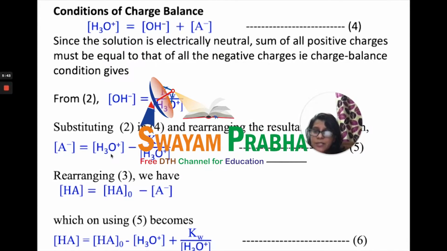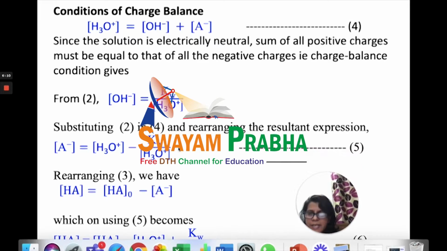So A minus will become equal to H3O plus minus OH minus, and substituting OH minus as Kw upon H plus, A minus is equal to H3O plus minus Kw upon H3O plus. Please remember, I am using H plus and H3O plus interchangeably because hydronium ion and proton are one and the same thing. So this is the resultant expression, and this is expression number 5.